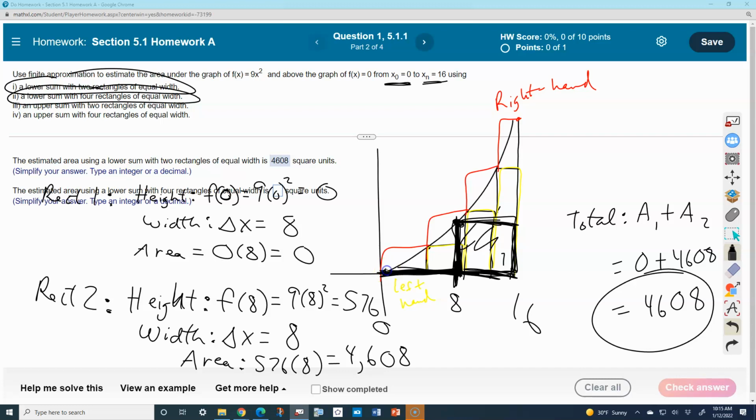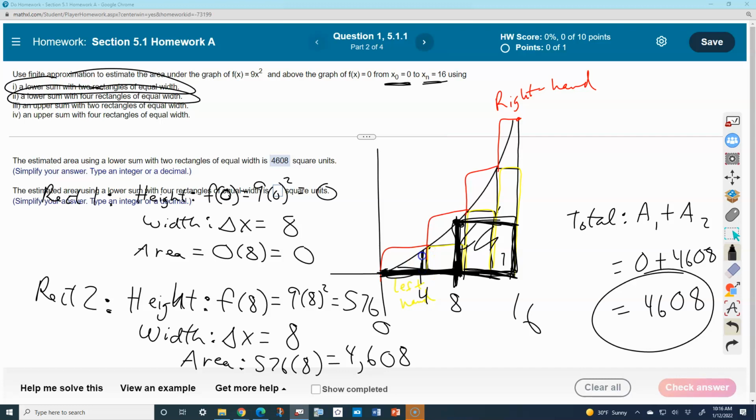So again, if I'm doing a lower sum, I'm starting on the left. So my first one starts at 0. If I'm dividing this region into 4 rectangles, the whole thing is 16, so if I divide it into 4, what's each width going to be? Yeah, 4. So my first one's going to go to 4.